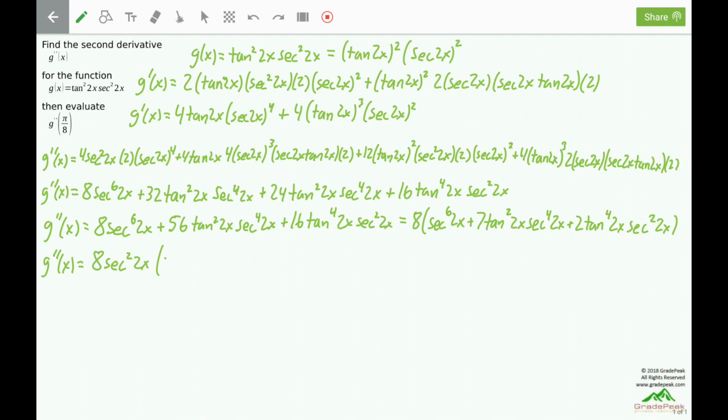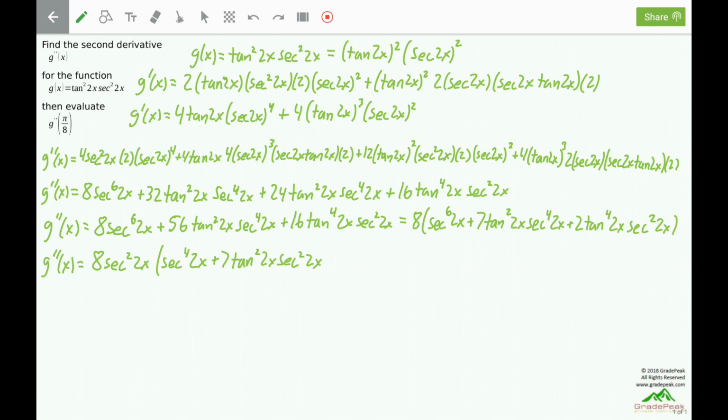So if we take out 2 secants, we'll be left with the first term having 4 of them. The second term having 4 to begin with, 2 taken away, we'll have 2 left over. So secant squared of 2x.